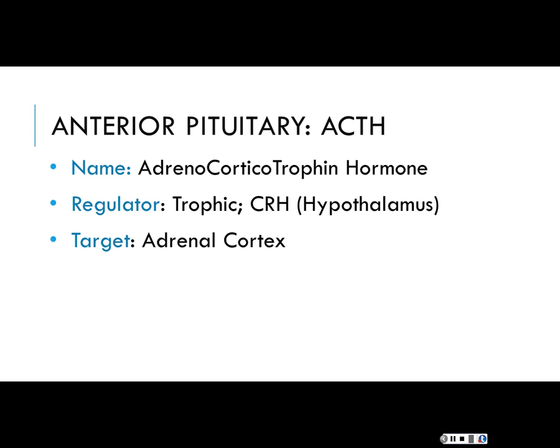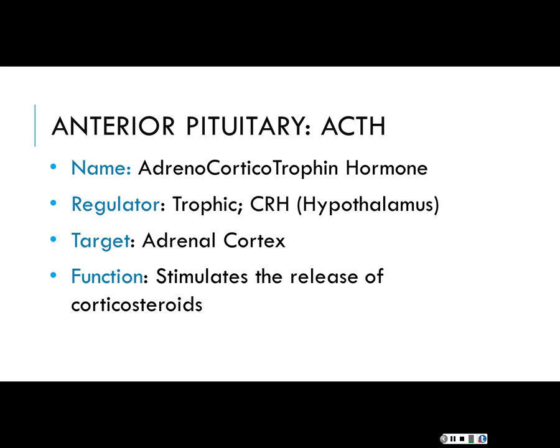As identified, adrenocorticotropic hormone does target the adrenal cortex, the outer portion of the adrenal gland. What it does is tell the adrenal cortex to produce its own hormones. There's a multitude of hormones which come from the cortex, and for consistency at this point we're going to call them corticosteroids. So the adrenal gland makes different types of steroids, releasing from the cortex.